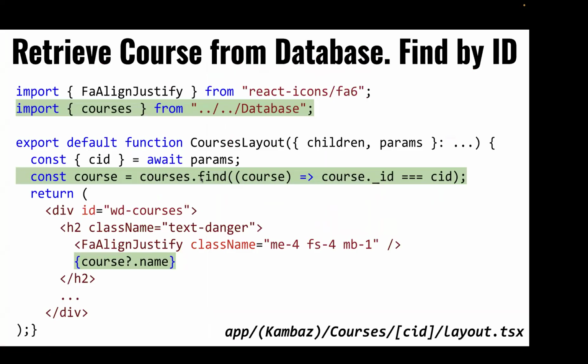And we can do that by grabbing the course from the database, grabbing the ID from the params, okay? And then looking up the course, iterating, looking for it in the array of courses. And once we have the course, we can dynamically render the name of the course from the object that we find in the data structure, okay?